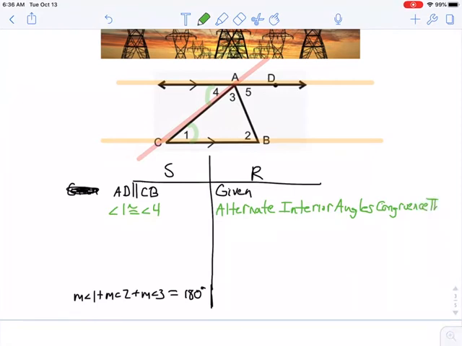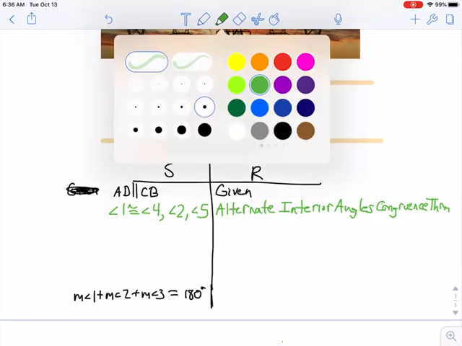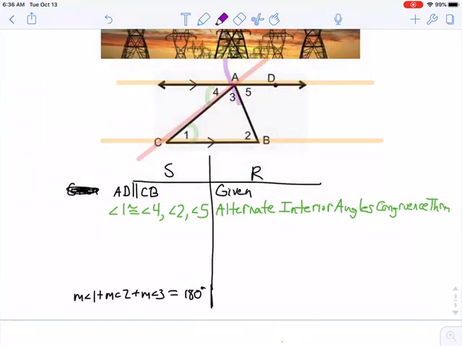I'm just going to write therm. And similarly, I can say the same thing for angle 2 and angle 5. Because if I extend this other side AB as a transversal, we can say that 2 and 5 are also alternate interior angles, just a different transversal.